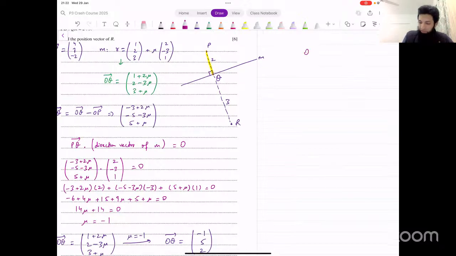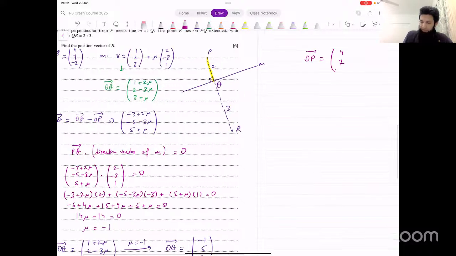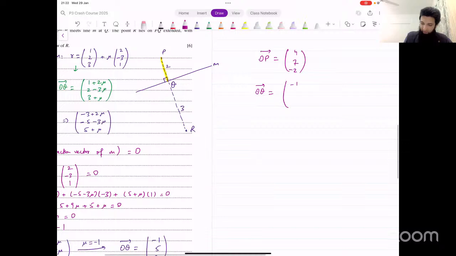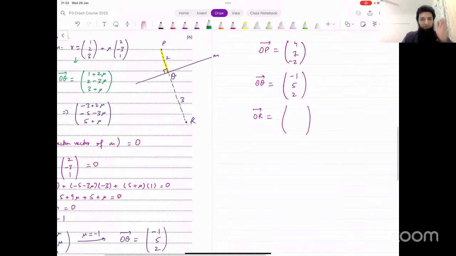Think about it. We have the vector OP. OP vector is 4, 7, -2. And then we have vector OQ. OQ vector is -1, 5, and 2. And what we want is OR vector. Now, what's the ratio?